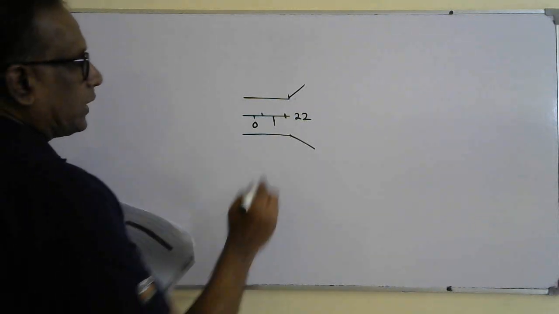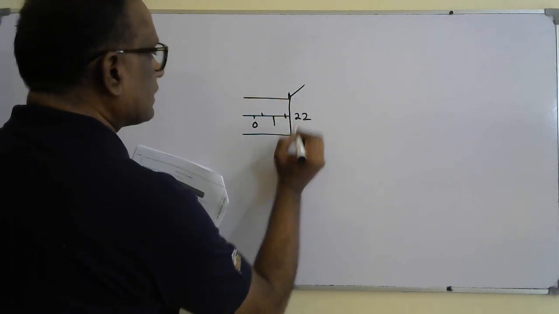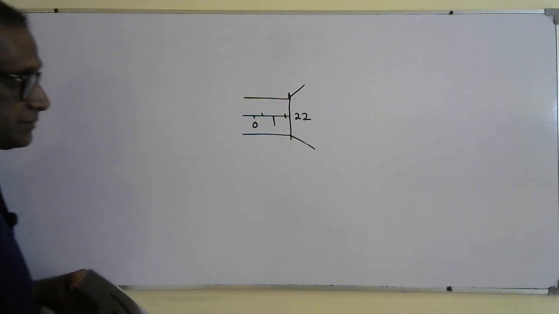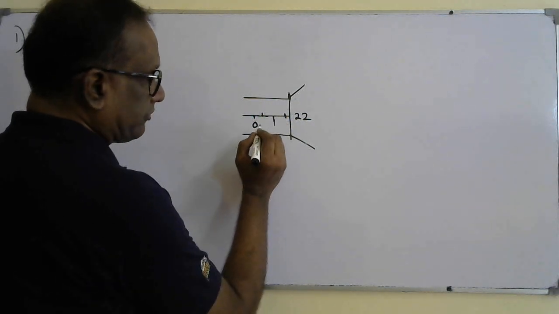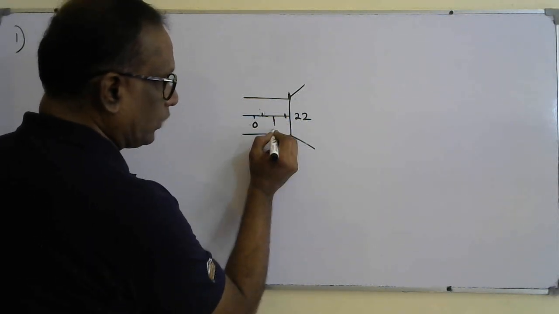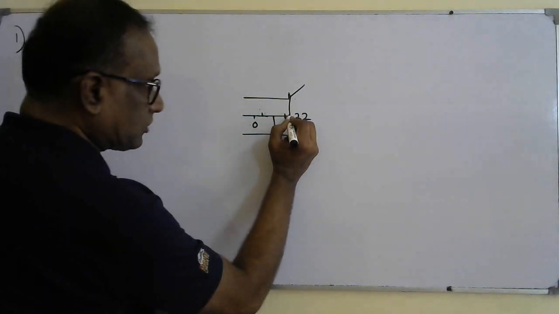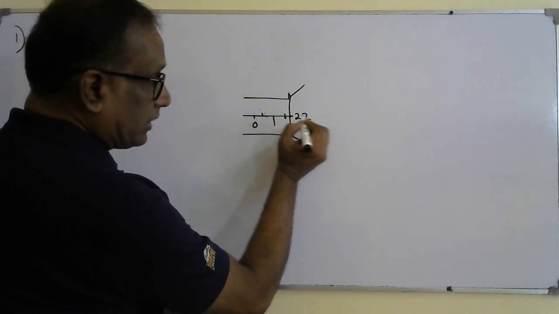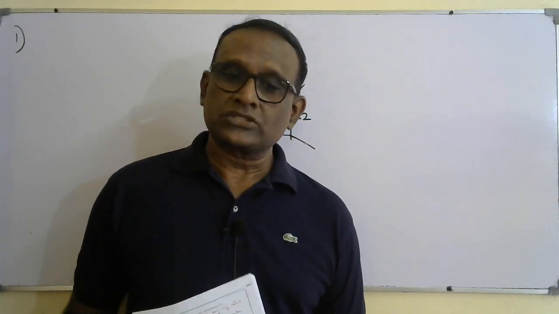So what's the reading of this thickness? You know the small lines indicate 0.5, so this is 0, 0.5, 1, 1.5 visible. The line coinciding with the horizontal line on the cylinder is the 22nd division, and we know the least count of the micrometer screw gauge is 0.01.